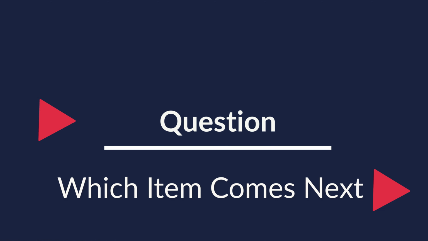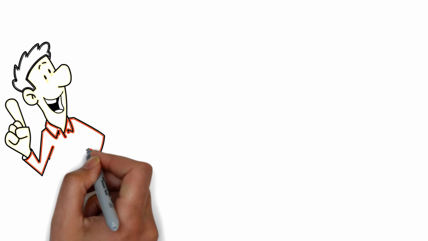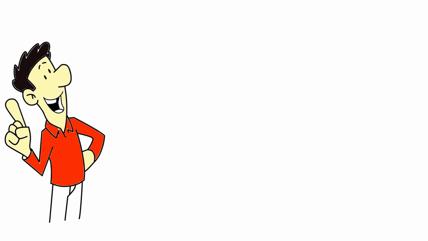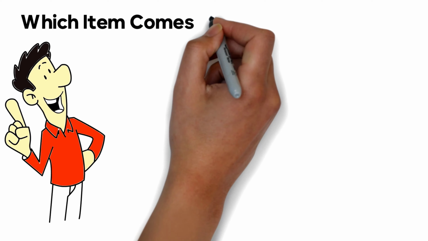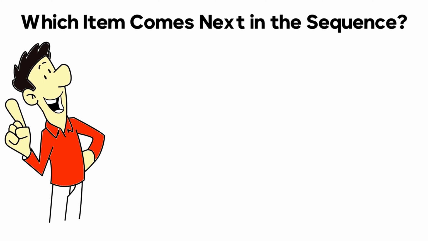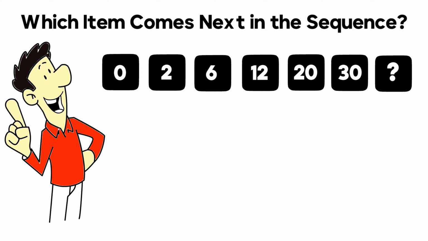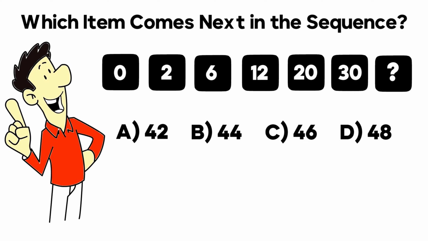Very frequently on the test, you might be asked to detect the pattern. In this question, we're being asked which item comes next in the sequence, and we're presented with a sequence of items. 6 items in the sequence are visible: 0, 2, 6, 12, 20, and 30. And the next item is missing.